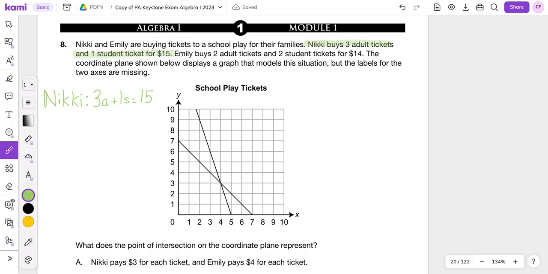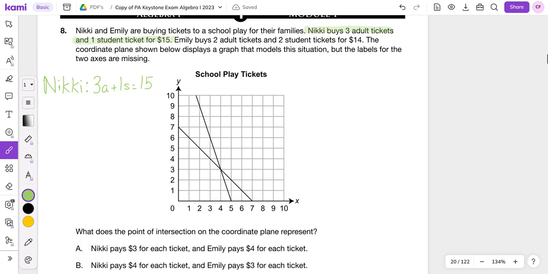Now when it comes to coordinate planes, when we have A's and S's, it's not as favorable. So I do recommend that instead we convert this to X's and Y's underneath it. So 3X plus 1Y, or just Y, equals 15.